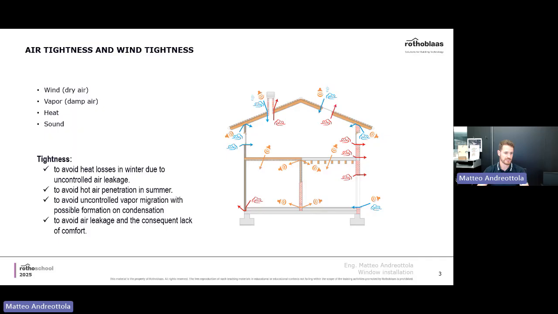It doesn't matter if the structure is made of timber or other materials, but it's obvious that water can damage the inside of your building. It's not as easy to understand why exactly it's important to provide airtightness to your building. And this is part of the presentation of today. It's a little bit the basis that we need to then understand the correct window installation.